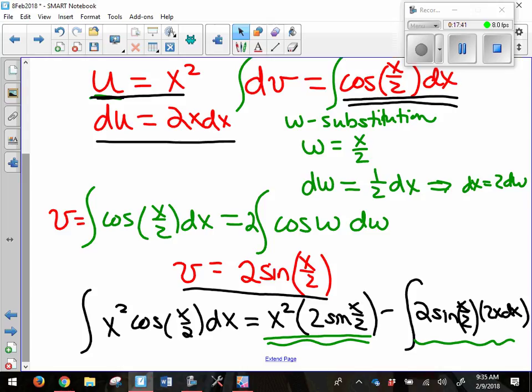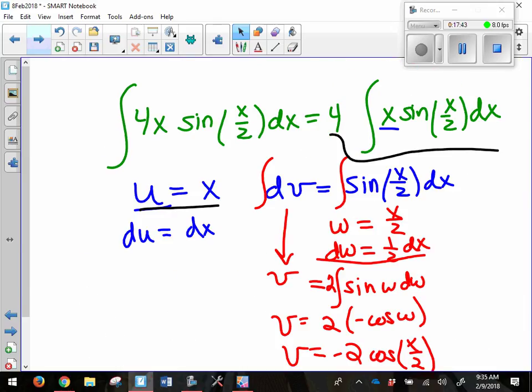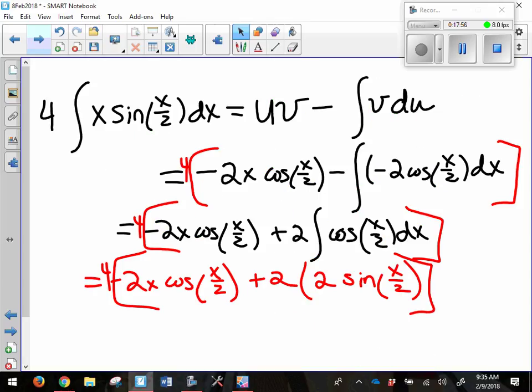So when I took that integral, it was 4x, and then I took it out so that it was out here, and then I just focused on that integral. And so when I got over here, here was the 4 times my integral. And so I did all this stuff on the inside, but I still have to multiply by that 4. If I'd had the whole board, it would have been a little easier to see all the pieces.